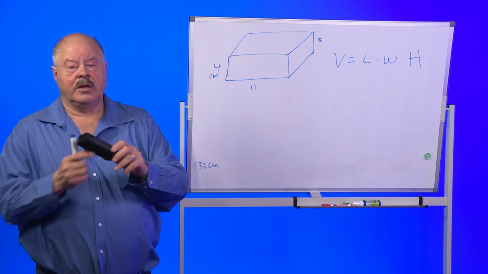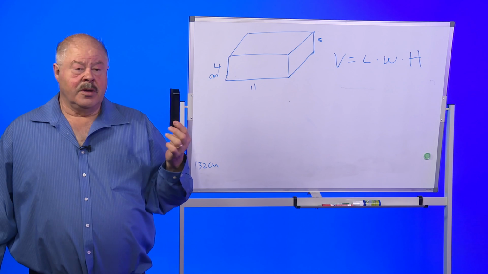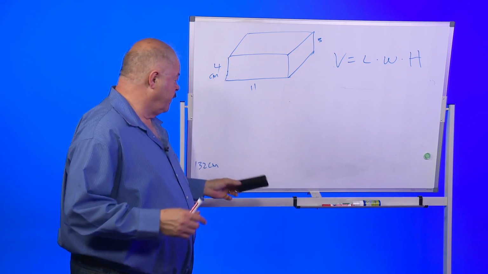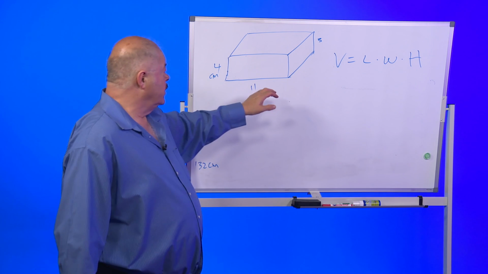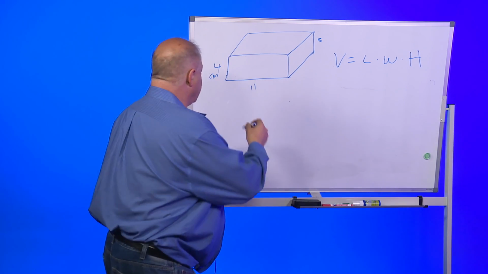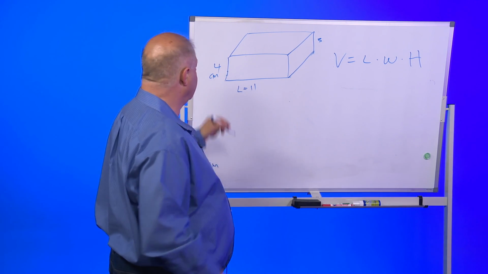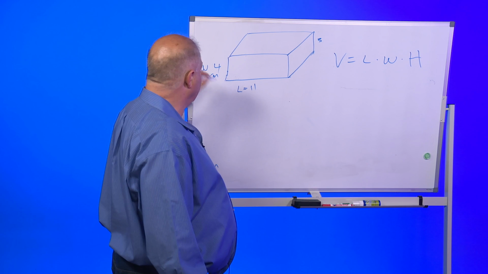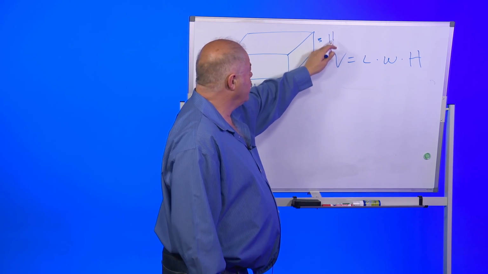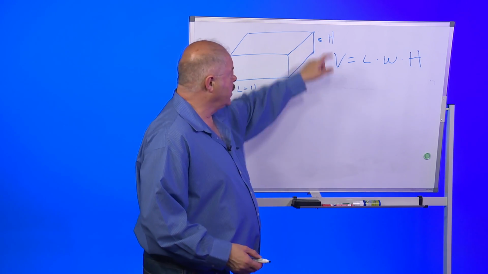So a rectangular prism will also be in cubic units because it occupies a volume. And the formula is the length times the width times the height. Suppose this has a length of 11 and a width of 4 and a height of 3. Then we multiply those together, 4 times 11 times 3.